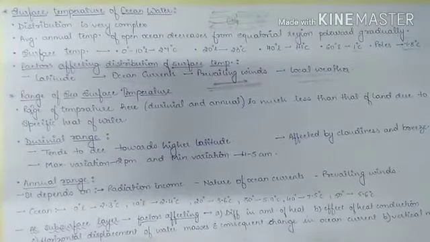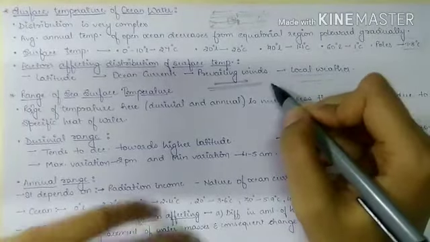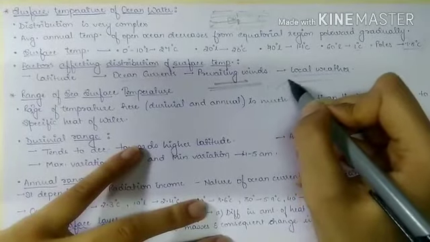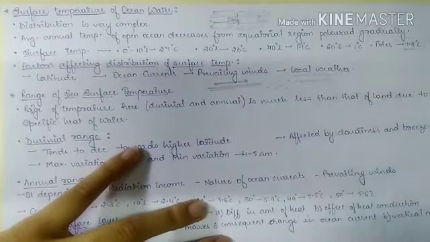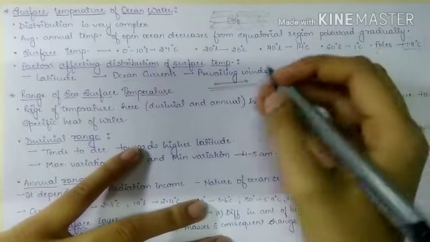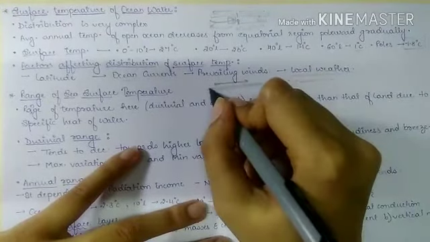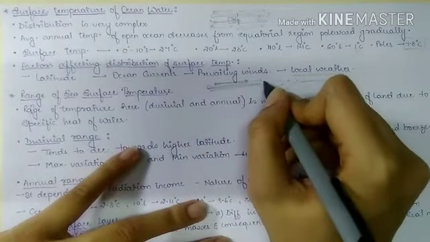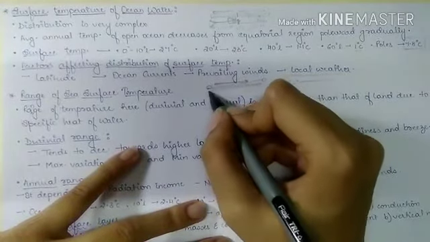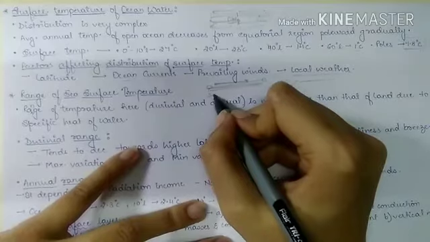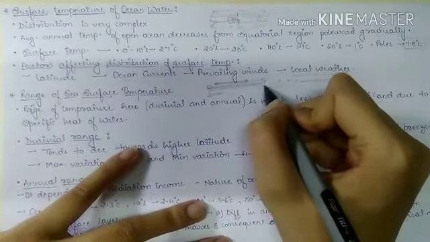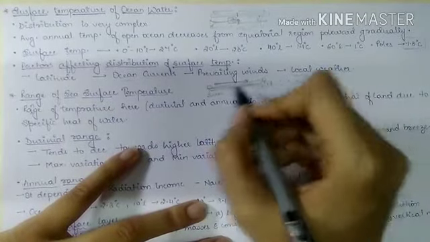Then we have another point, the winds, like we have trade winds and other winds, they actually take the surface water from one area to another. Like if they take water from a warm area towards the colder region, then what will happen?